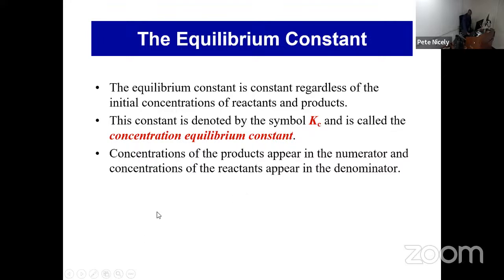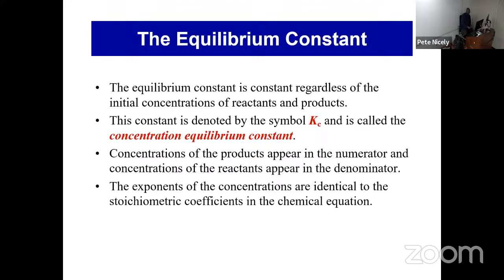I mentioned this also before, so this is just for re-emphasis. When setting up the Kc expression, it's always products over reactants. So the concentration of the products is the numerator and the concentration of the reactants is the denominator. Another important fact is that the exponents of the concentrations will be the same as the coefficients in the balanced equation.